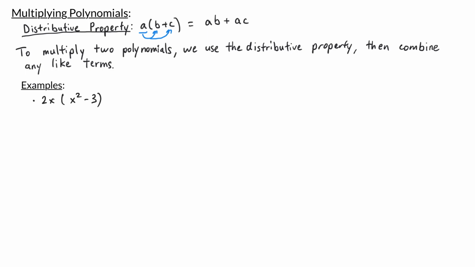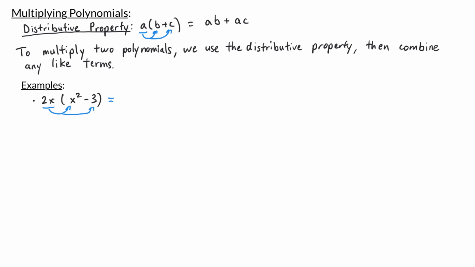In my first example here, I have the polynomial 2x multiplied to the polynomial x squared minus 3. To perform this multiplication, I'm going to take the 2x and I'm going to distribute it within the parentheses. So I would take the 2x and multiply it to the x squared and also to the negative 3.